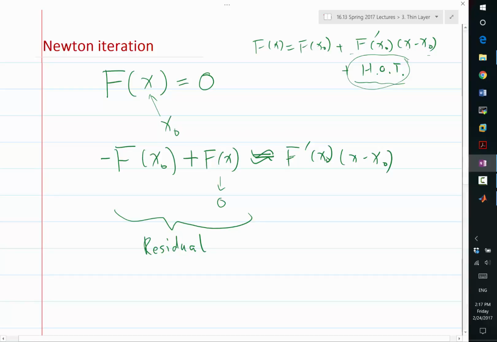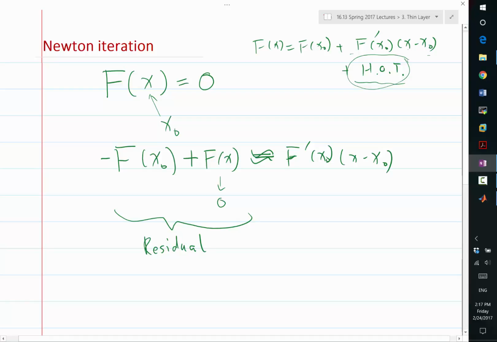Every column of f prime is the derivative of every equation with respect to the same variable in x. Every row of f prime is the derivative of a single equation with respect to all the variables involved in the equation. And this matrix times x minus x0, which is a column matrix, should approximate the residual I can compute.